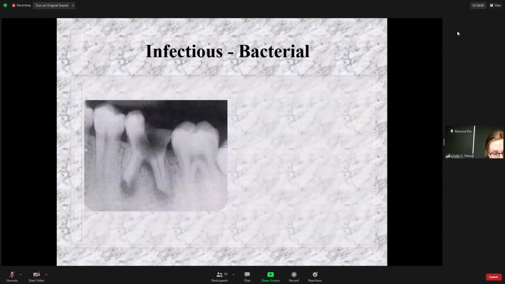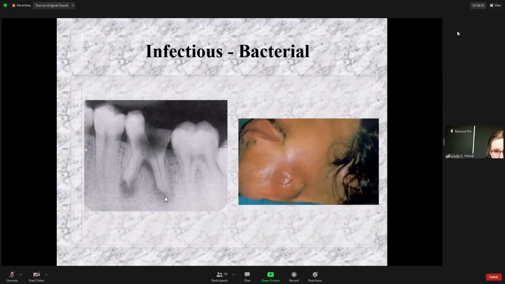You're going to learn that different bacteria are going to cause caries, and different bacteria are going to be involved in the different abscess formation. So this is a periapical abscess on the x-ray, and that's the same patient who had the sequela that it spread and formed a facial abscess.